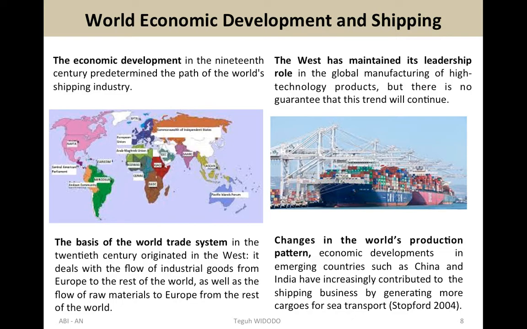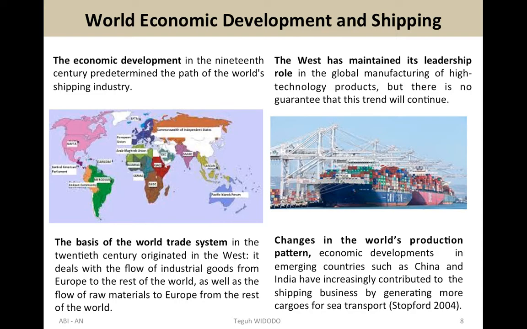The basis of the world trade system in the 20th century originated in the West. It deals with the flow of industrial goods from Europe to the rest of the world, as well as the flow of raw materials to Europe from the rest of the world.